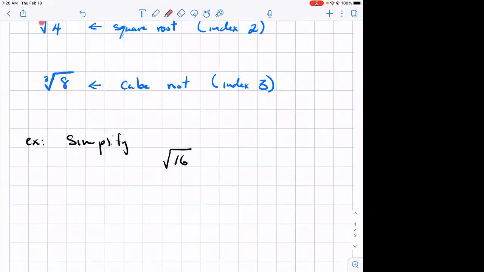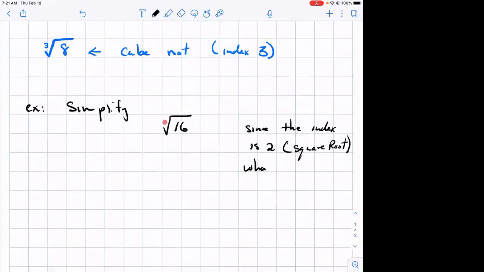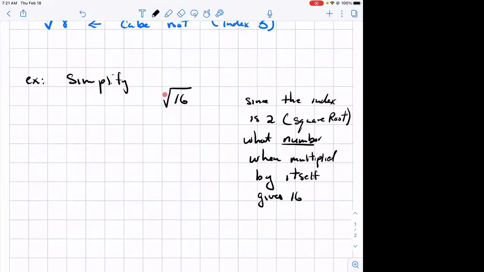Because the index here is 2, hence the word square root, what single number when multiplied by itself gives 16?